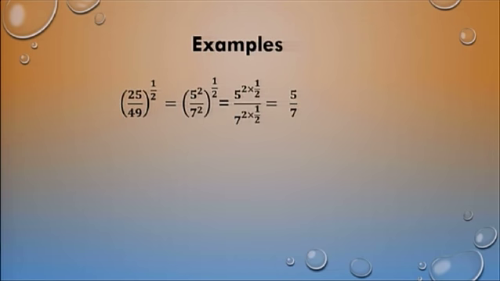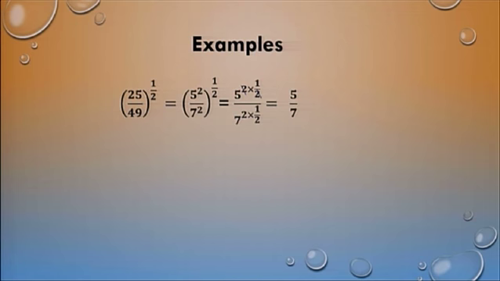Look at this number now. 25 over 49 power half. 25 is 5 to the square, while 49 is 7 to the square. Applying the rules that we have learned so far, we have 5 power 2 times half, 7 power 2 times half.